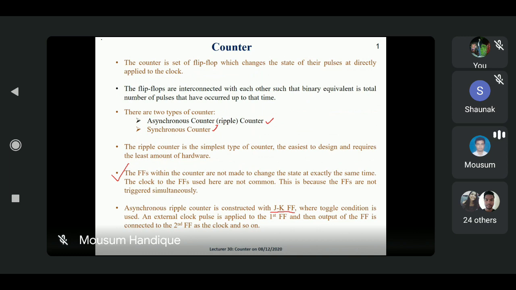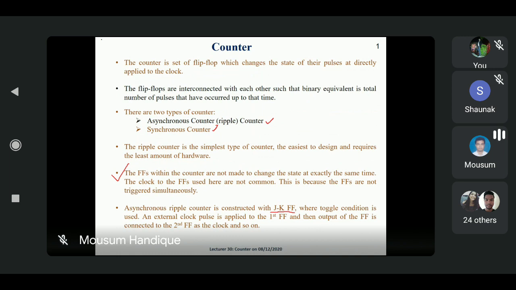Synchronous counters are faster than asynchronous counters because the propagation delay involved is less. This is how we can differentiate the main difference between the asynchronous counter and the synchronous counter.